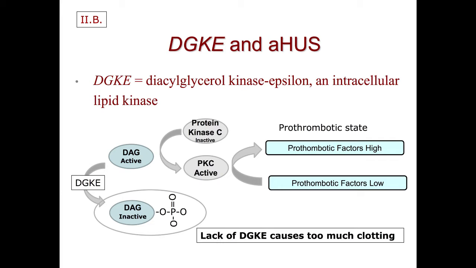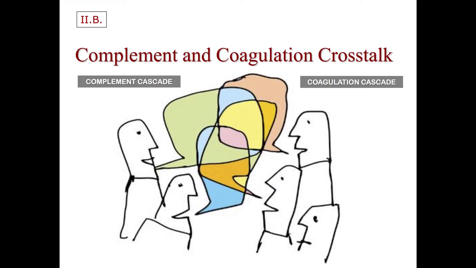So now I'm not even talking about complement, I'm talking about clotting, and if I'm talking about clotting, I'm talking about coagulation. And so I'm going to introduce to you the concept of crosstalk between the complement system and the coagulation system. And that means that these systems don't exist in isolation one from the other, but rather they're intimately connected.